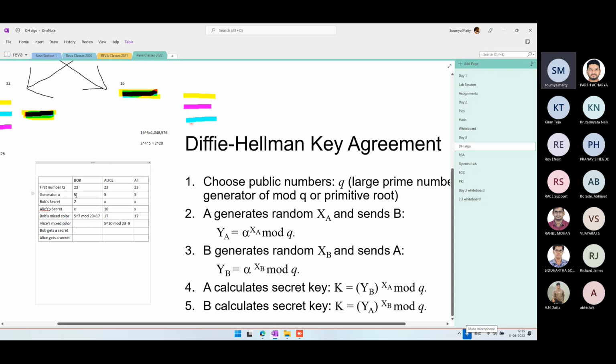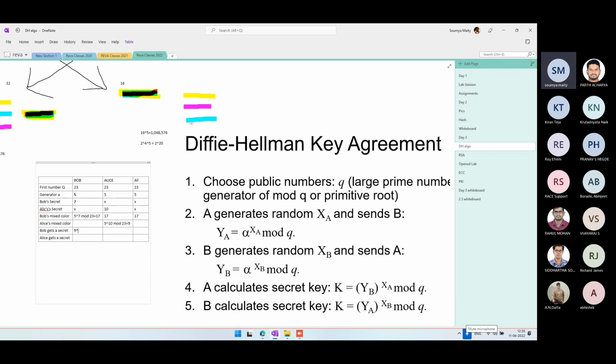Okay. Now Bob has this number. Bob knows 7 and Bob knows this 9. What we are going to do? Bob will calculate 9 power his own number, 7, mod 23. And what will Alice do?